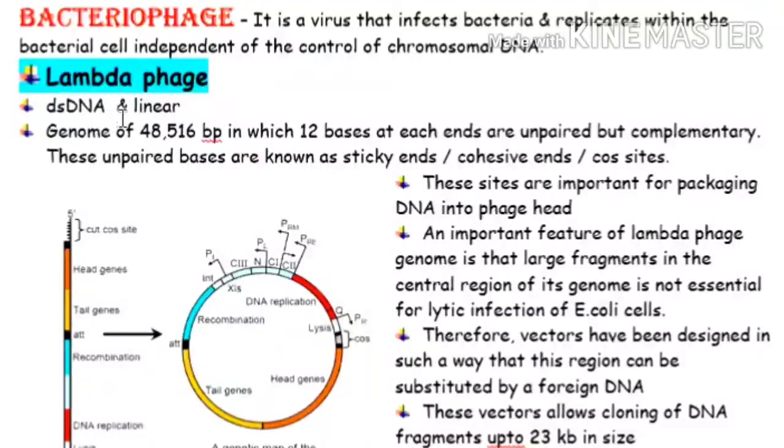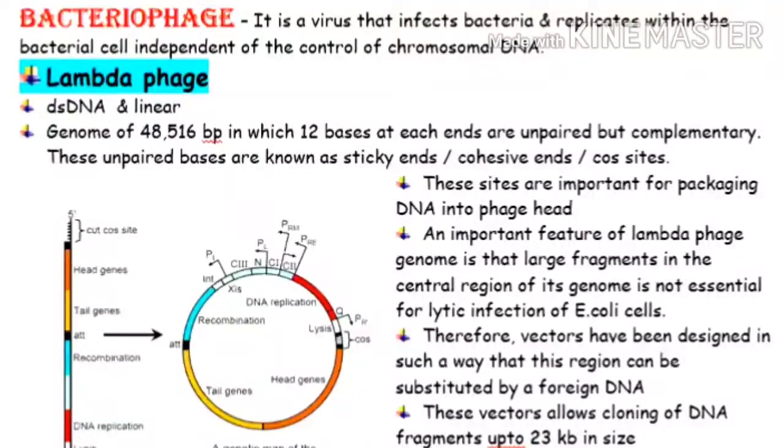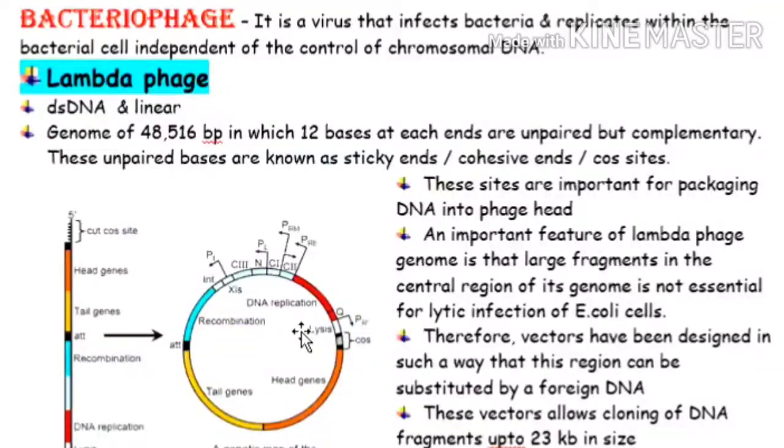It is made up of 48502 base pairs, double stranded and linear, and at both ends it has short sticky ends made up of 12 bases, and much of its genome is not responsible for lysis of the bacteria.